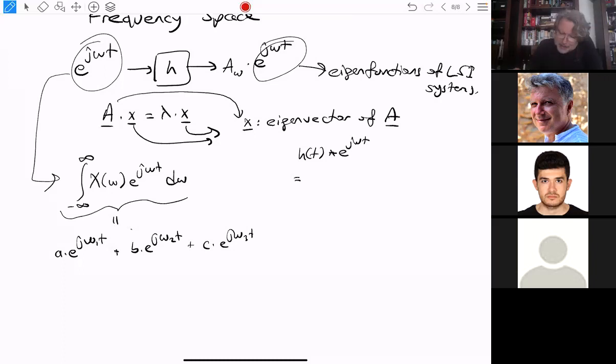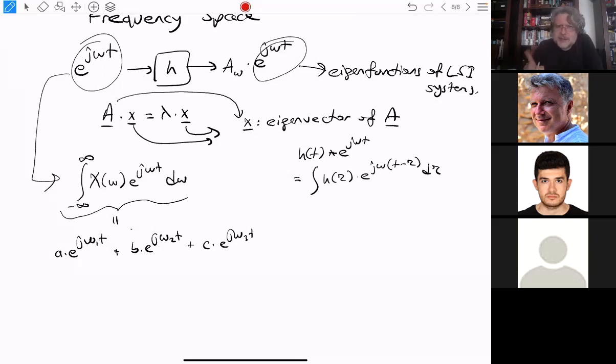The convolution will be the integral of h of tau times e to the j omega (t minus tau) d tau. The convolution in the integral form.